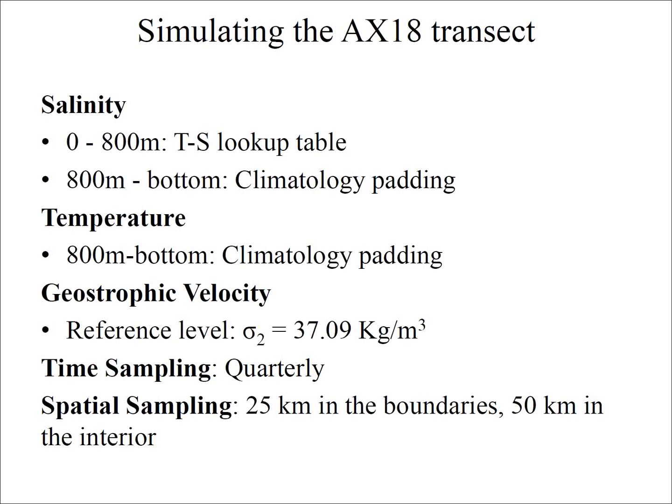And the time sampling, as I said, is generally quarterly, and we are going to test how effective this is to capture the seasonal variability. And also the spatial sampling, where we have this heuristic approach of putting a higher resolution in the boundary where the currents are stronger, and in the interior we generally use 50 kilometers.